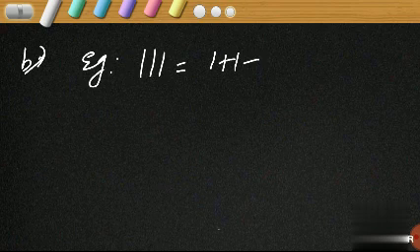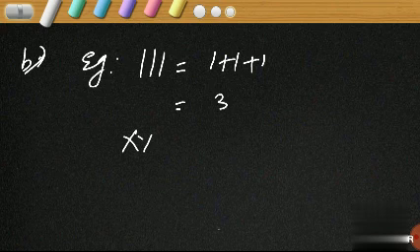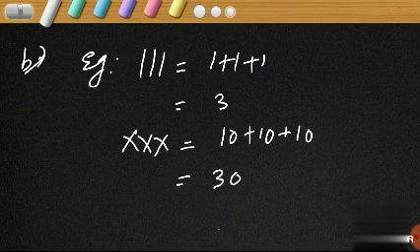Example: I is equal to 1 plus 1 plus 1 equal to 3. X equal to 10 plus 10 plus 10 equal to what? 30, isn't it?